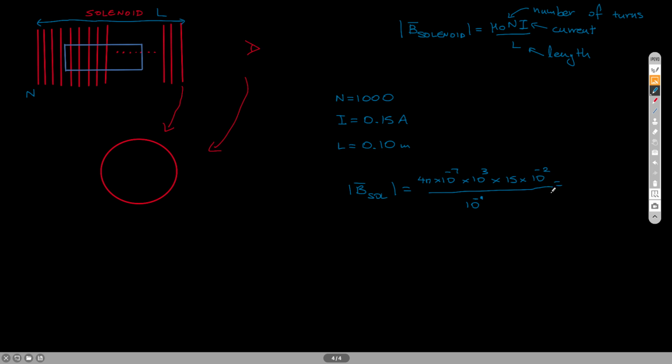Now, to make my life easier, I will add the powers of 10: minus 7 plus 3 minus 2 plus the 1 from the denominator, and then this is times 4 pi times 15. 4 pi times 15 times 10 to the power of minus 9 plus 3 minus 6 plus 1, which is minus 5.